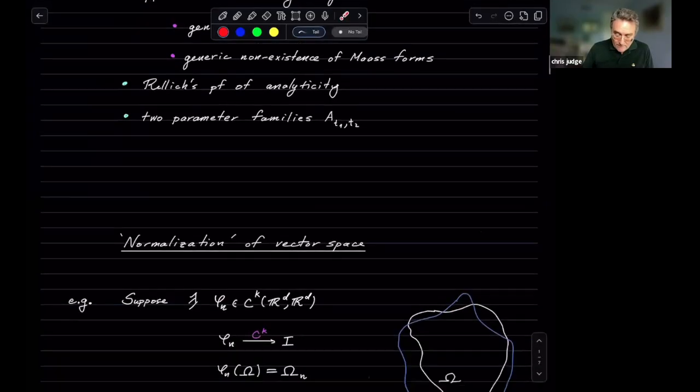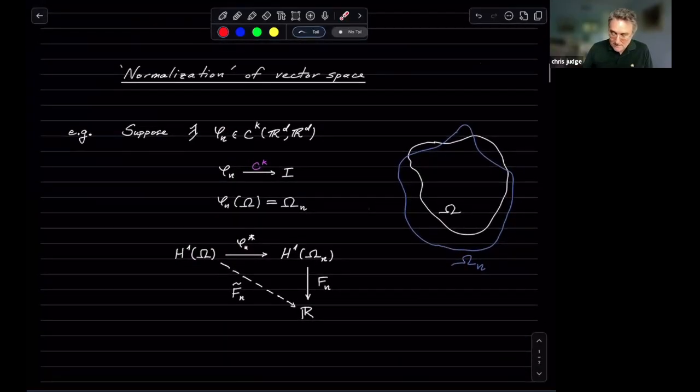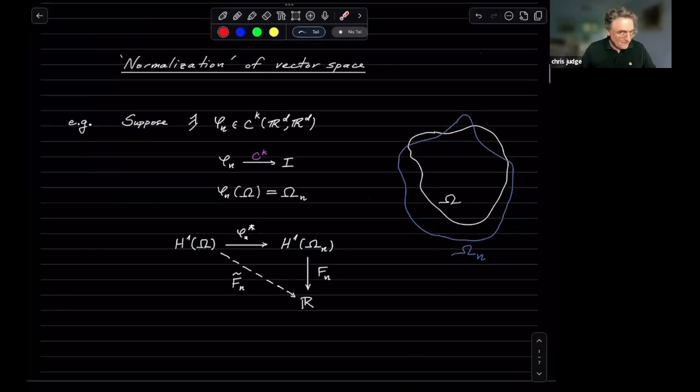Before I get into that, my former student Neil Coleman pointed out after my lecture that I should have said something about normalization of eigenspaces, normalization of the domains of these quadratic forms.